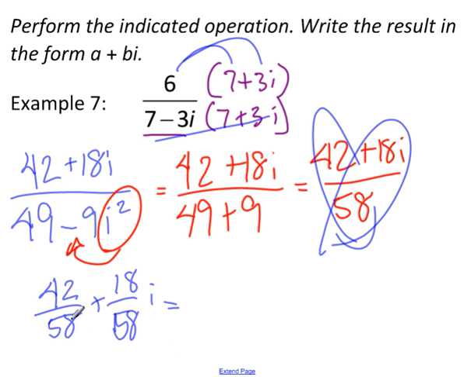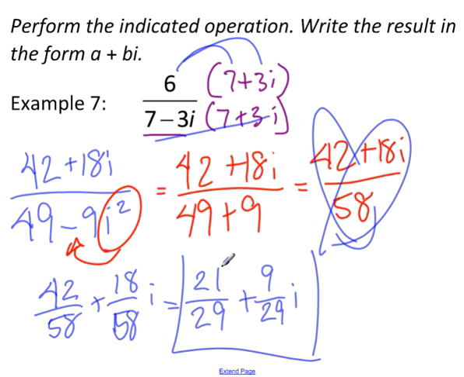Now in this case they're both even on both my fractions, so I'm going to simplify as much as I can and get 21, dividing that by 2, divide my bottom by 2, I get 29, plus 18 over 58, I see a 2 involved there as well, 9 over 29i. And that becomes our final ugly, ugly answer. 21 over 29 plus 9 over 29i.